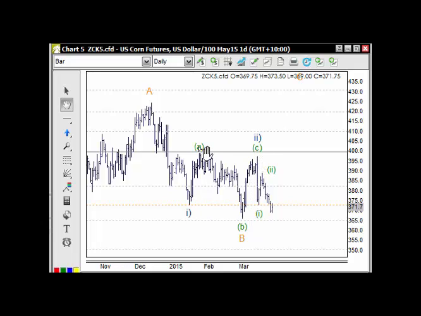Now, I've got it as an A and a B and a C here for wave 2, and we'll be moving down from that point, but I can't confirm that until this low gets taken out here, because this C wave up here is actually 5 waves, and it's from a low here, so it could very easily be up for 1, an A and a B and a C back for 2, and then moving up from that point there. So until this is taken out here, we've still got a bullish count on the table. So I just don't know.